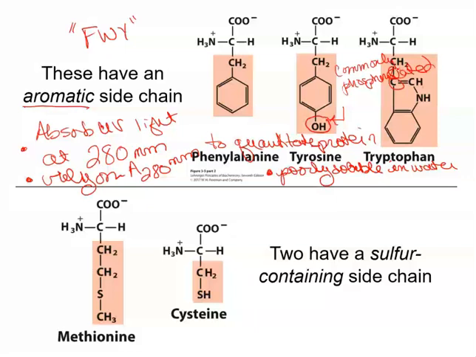Okay, next we have the sulfur-containing amino acids, and here we have cysteine and methionine.